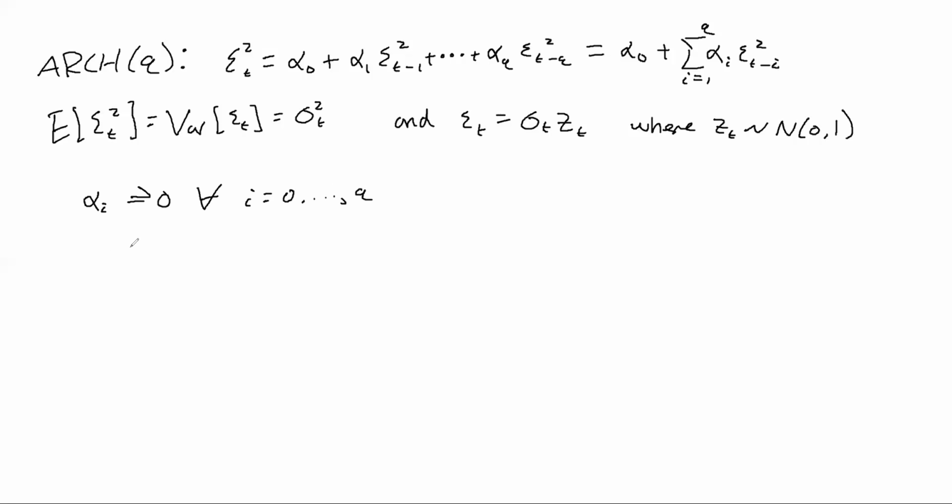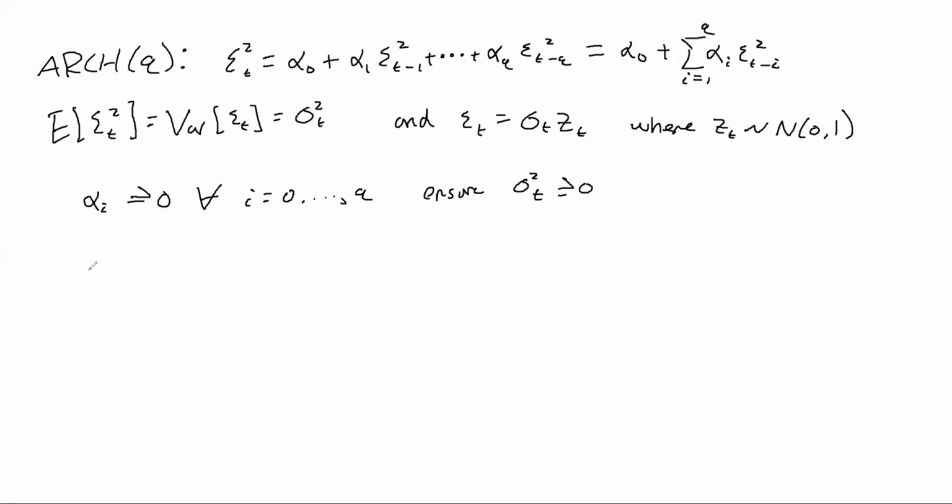Because remember, standard deviation and variance are positive. It cannot be a negative number. It can be 0, but it cannot be negative. And if it was 0, then of course it would be constant. And this is to ensure that our variance is going to be positive. It needs to be positive.